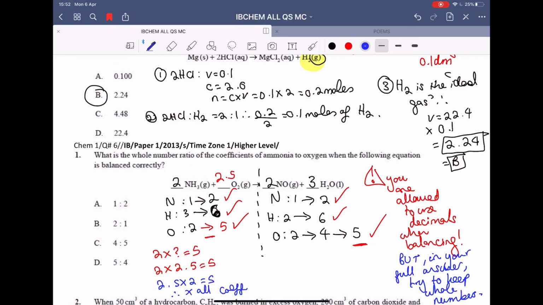So to make 2.5 a whole number, simply times it by 2. And that means you got to times all of the coefficients by 2. And so you get on the left 4, 5, and on the right 4, 3. So you want to know the ratio of coefficients of ammonia to oxygen. Just look at the left only, and we can see the ratio is 4 to 5 because the coefficients are 4 to 5, and so the answer is C.